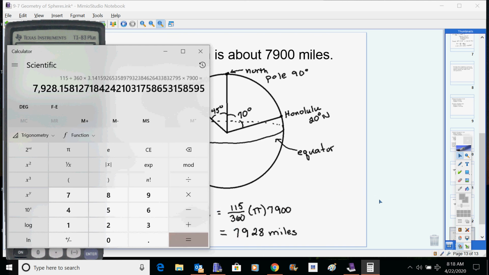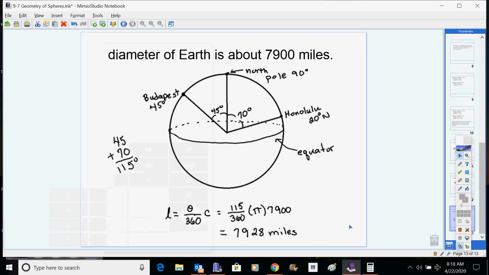So if you have a pi button on whatever calculator you're using, you're going to get a better, closer answer by using that rather than the about 3.14. So do that if possible.